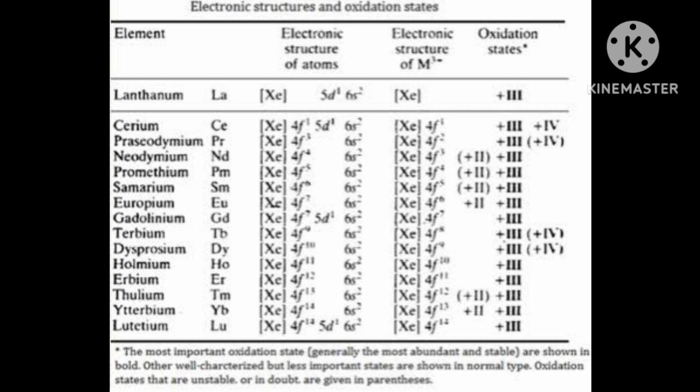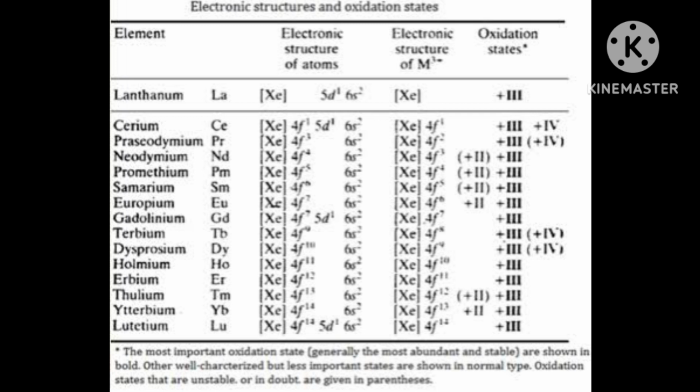Now same way for Ce2+ if you want, then if 2 electrons will go from the 6s2, then what will remain? 4f1, 1 electron and 5d1, 1 electron. And if suppose the 5d1 electron comes to the 4f, then 5d will be 0. Only 4f2 will remain, 2 electrons, for Ce2+.